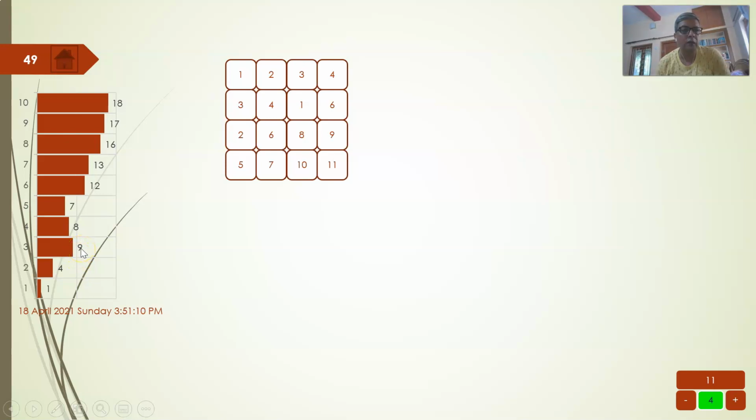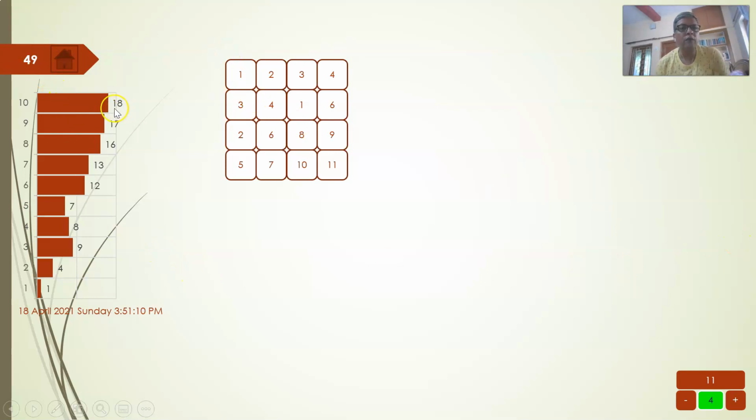I don't think there could be any mathematical formula to determine the minimum number of digits you need to fill up an n by n square grid, so that no row, no column, no diagonal, and no broken diagonal has any duplicate. So let me try 10.